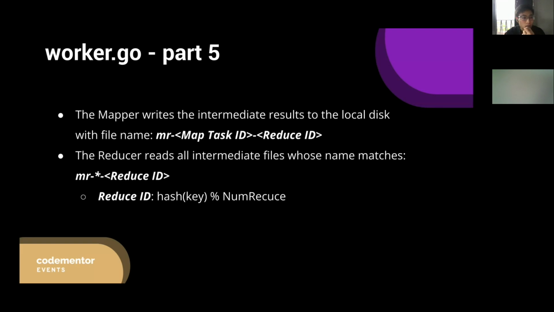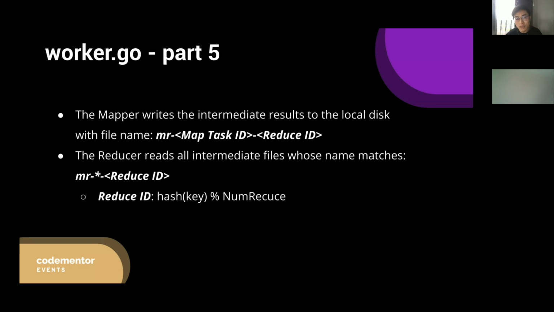As we mentioned in previous slides, the mapper writes the intermediate results to the local disk with the file name mr-map task id-reduce id. Then the reducer simply reads all intermediate files whose name matches mr-star-reduce id.